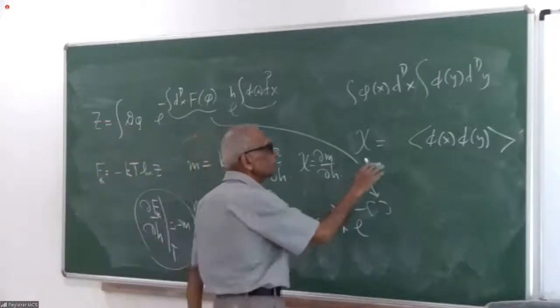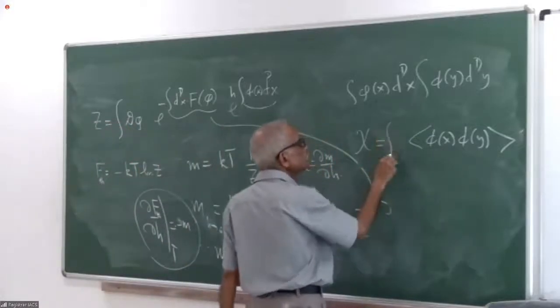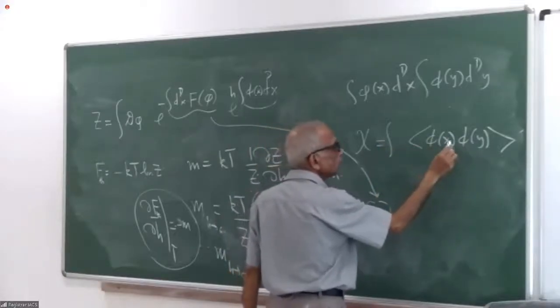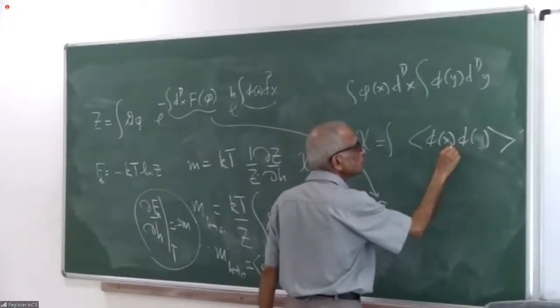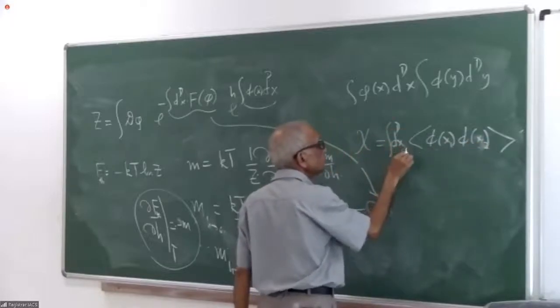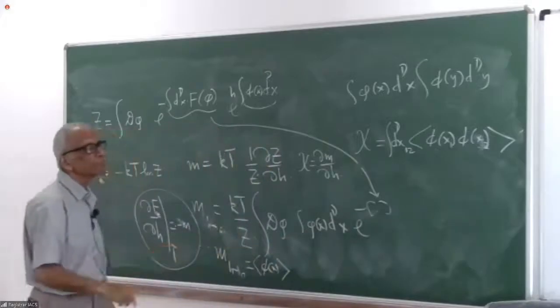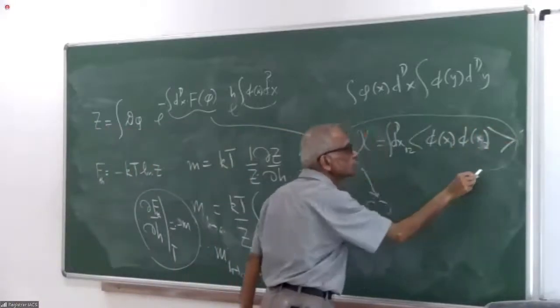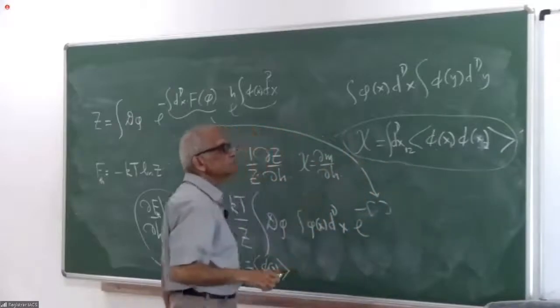So phi x, phi y integrated over x1, x2, if that's an easier thing to write, so that I can write here d d x1. So the thermodynamic susceptibility is the integral over space.